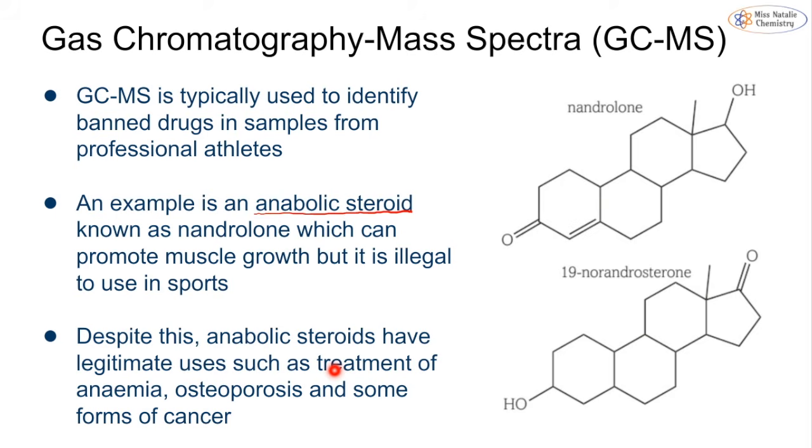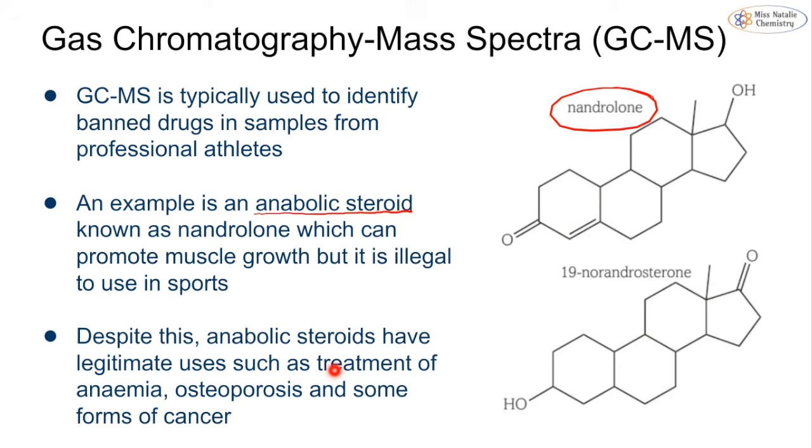So one that's very common is called nandrolone, and that's this one here. And it's illegal to use this in sports because they would think it gives you an unfair advantage over your fellow competitors. Despite it being an illegal substance in sports, they do also have legitimate uses.